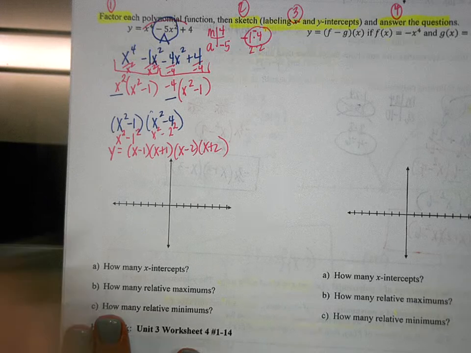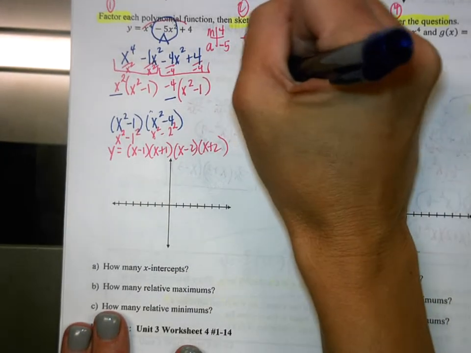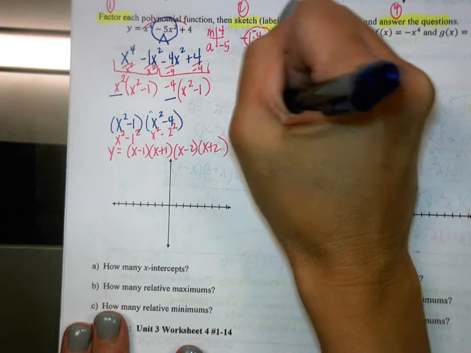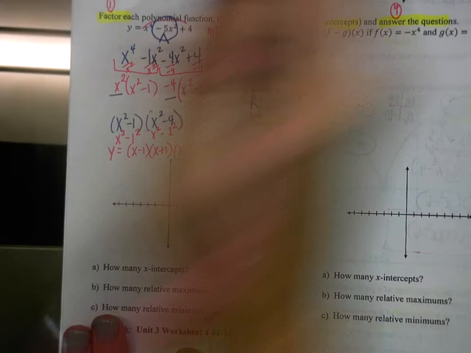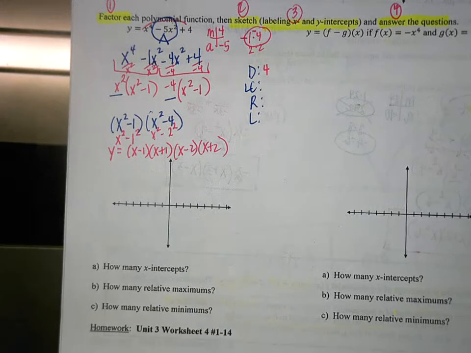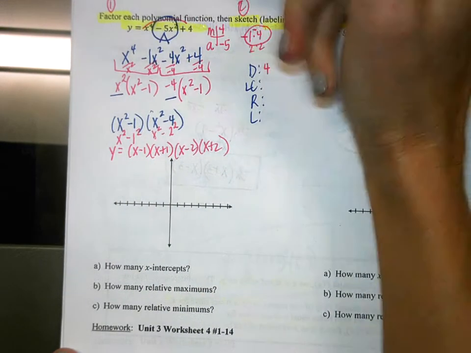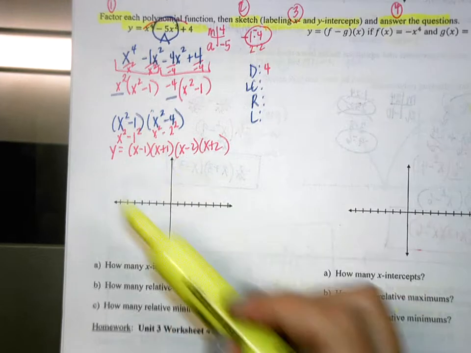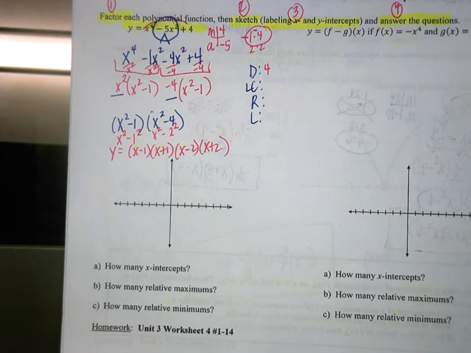Okay, what is my degree for this problem? 4. Very good. The correct answer is 4. And again, you can see that if you come back here to the standard form of the equation, the highest exponent is 4. If you added this up, this degree would be 1, 1, 1, 1, and 1 plus 1 plus 1 plus 1 is 4.